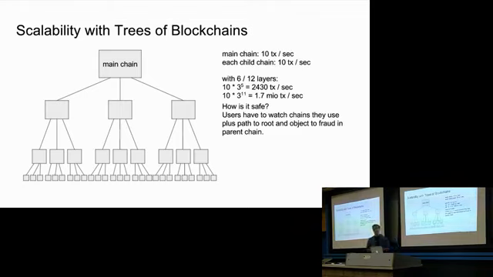So this system only scales if, I mean, the main problem of blockchains is that everybody has to verify every single transaction. And this system only scales if this is not the case anymore. And so the idea here is that people are interested in some chains. For example, Alice has tokens inside this tiny subchain here.